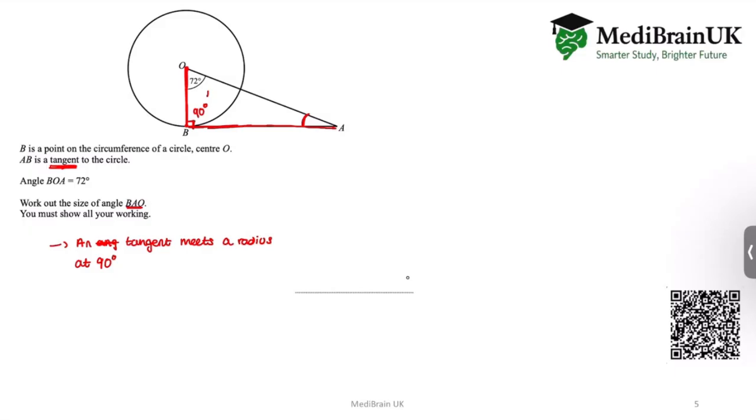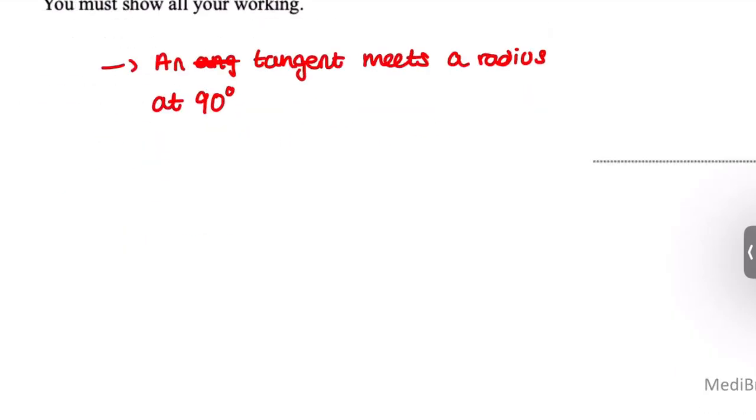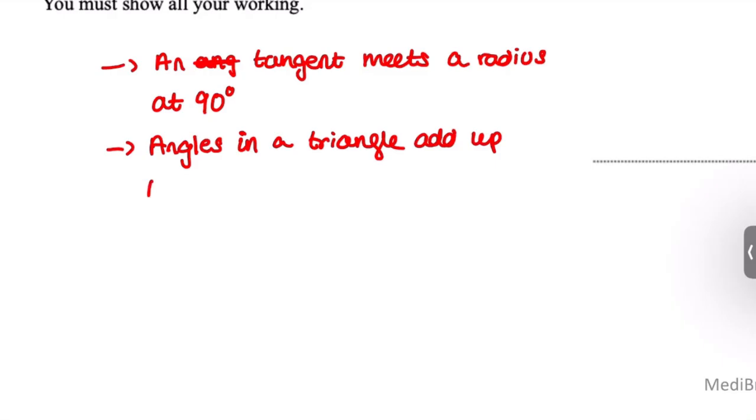Now we need to calculate the angle BAO. How do we do that? It's a triangle. So we know that angles in a triangle add up to 180 degrees. That's the second thing we're going to use.